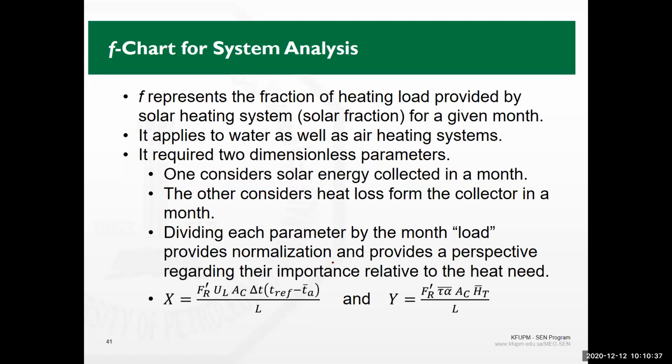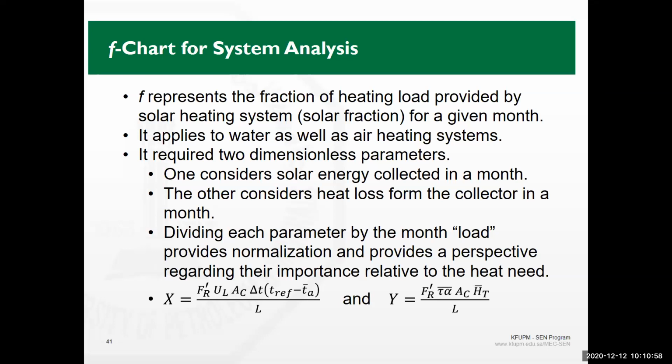The Y is basically, again, the FR value times tau alpha. Tau is the average transmissivity over the month. Alpha is the average absorptivity over the month. AC is the area of the collector, and HT is the incident solar radiation on the system.